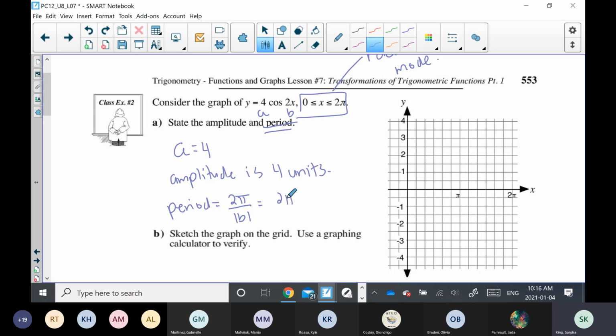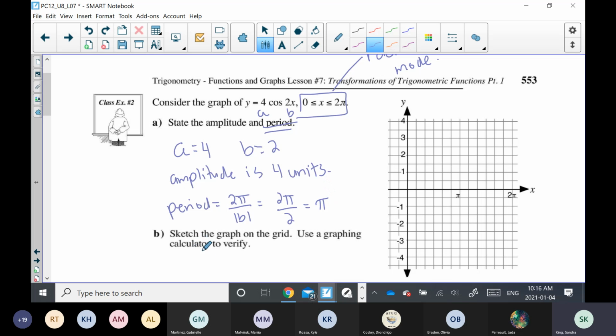So it's going to be 2 pi divided by your b value, which is 2. So this transformed graph is going to have a period of 2 over 2 cancels, pi radians. So the original period is 2 pi, and now the graph is going to repeat itself every pi radians once we do this transformation.